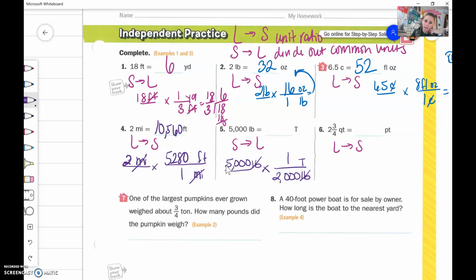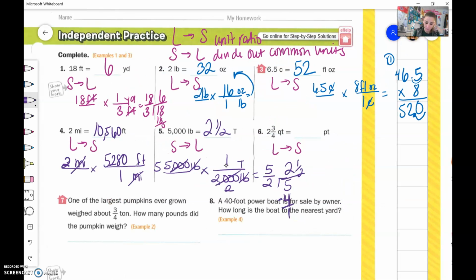If I just divide each of these by 1,000, I'm going to be left with 5 over 2. That's a lot easier to deal with. I get 5 halves. I'm going to go ahead and divide that out. 2 and 1/2 tons. So 5,000 pounds is the exact same as 2 1/2 tons.